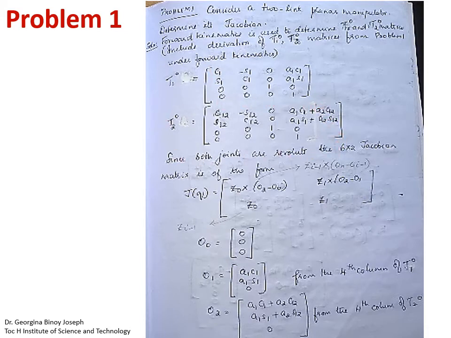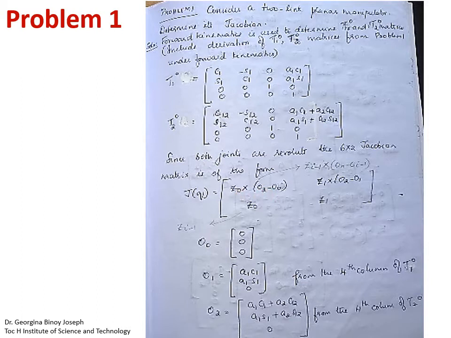Now considering that it is a two-link planar robot, your Jacobian will consist of J1 and J2. Both the joints in the two-link planar manipulator are revolute, so you will write Zi minus 1 cross On minus Oi minus 1. Considering J1, it will be Z0 cross On, that is at the end. You have two links, so the end is O2.